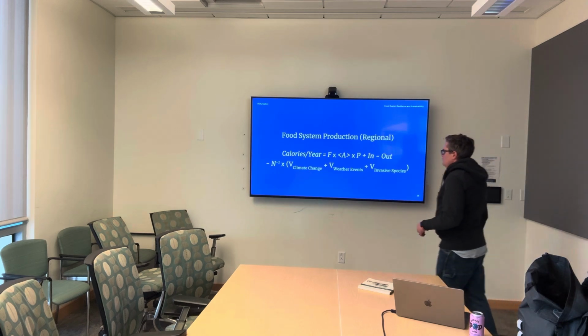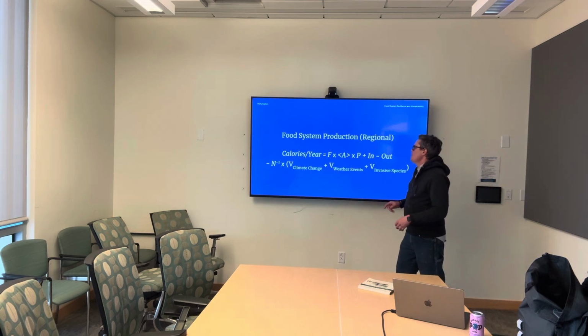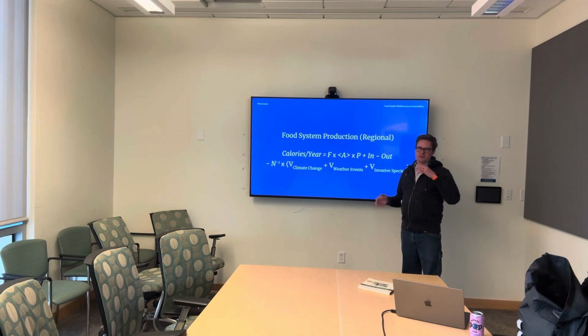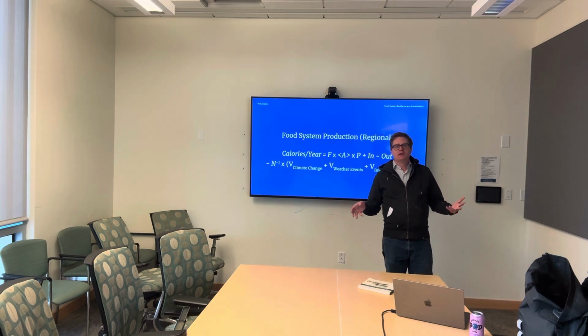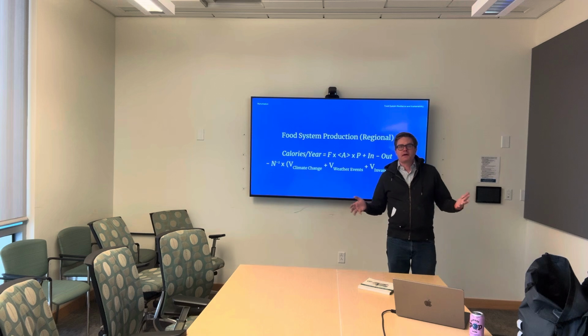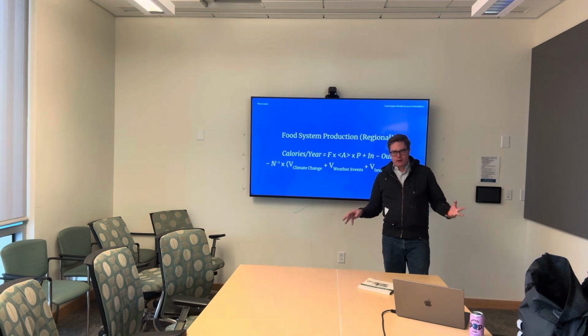On a regional level, again, we see climate change, but now we see weather events. These weather events are very much specific to the geographical scale. Up here in New England, we might see a lot of heavy rain because of a hurricane down in the southeast. Meanwhile, Florida, Georgia, Alabama, North Carolina, they are getting pummeled by hurricanes.